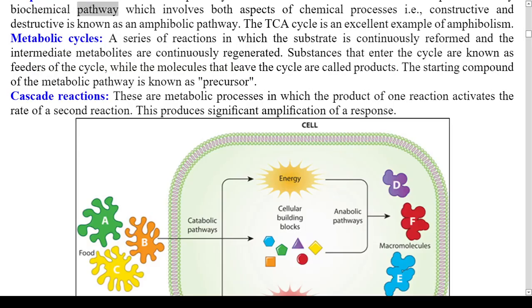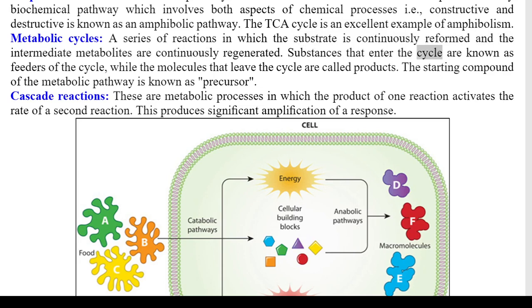Any biochemical pathway which involves both aspects of chemical processes, i.e., constructive and destructive, is known as an amphibolic pathway. The TCA cycle is an excellent example of amphibolism. Metabolic cycles are a series of reactions in which the substrate is continuously reformed and the intermediate metabolites are continuously regenerated.